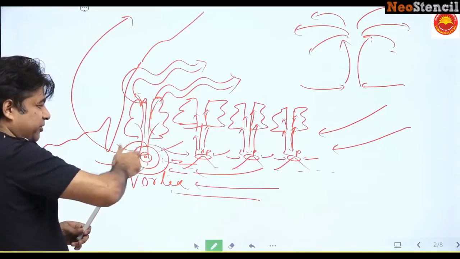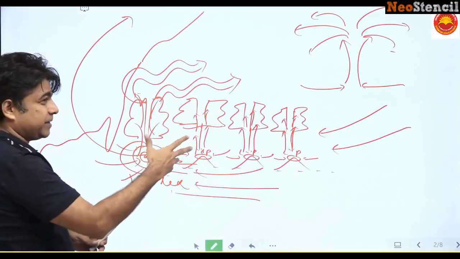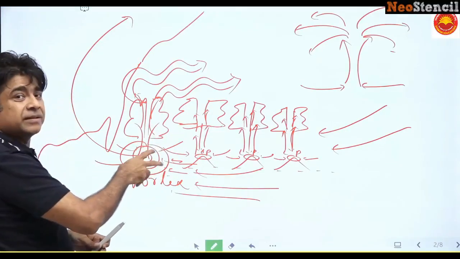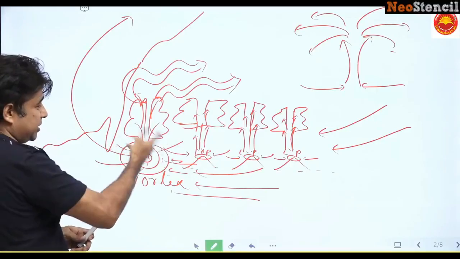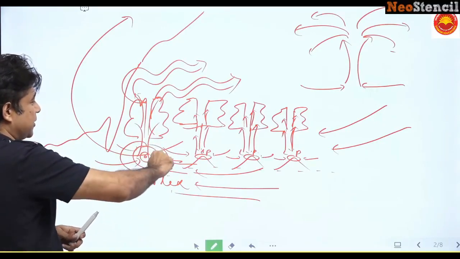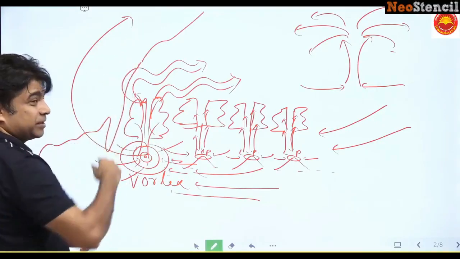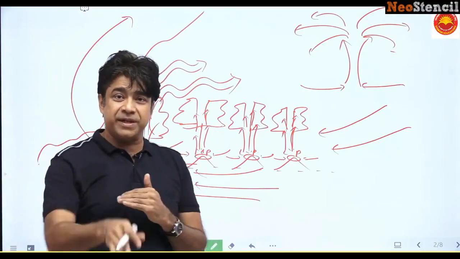So Coriolis keeps rotating them. It is anti-clockwise in the northern hemisphere. So because of the anti-clockwise motion, it curves towards the pole. The cyclones never move towards the equator.